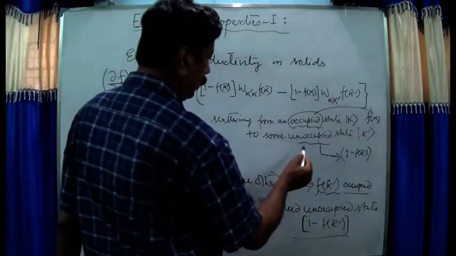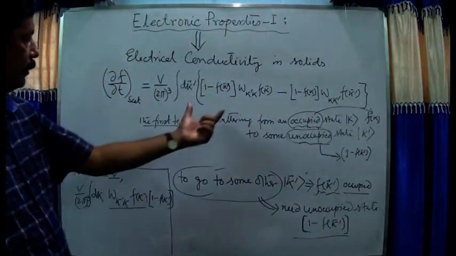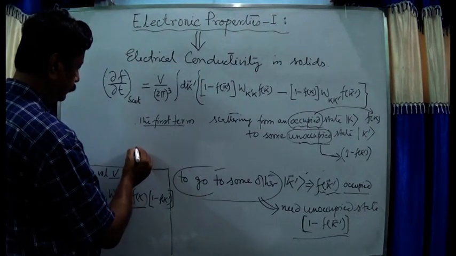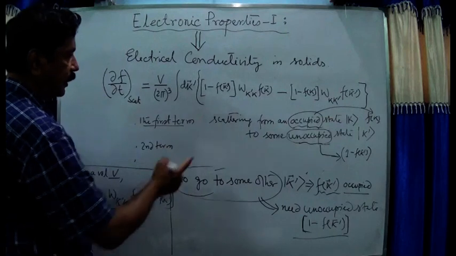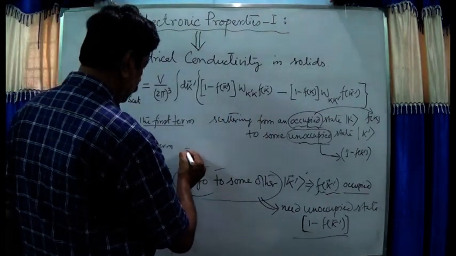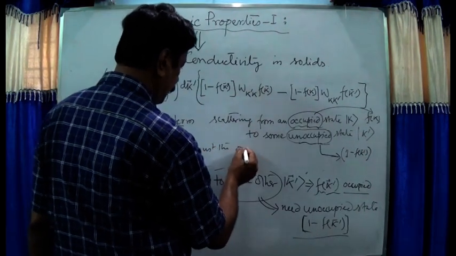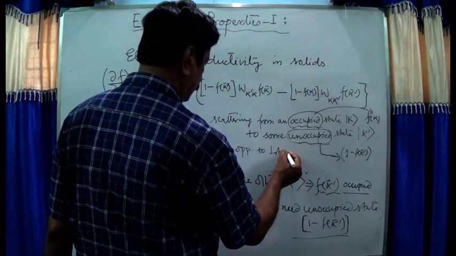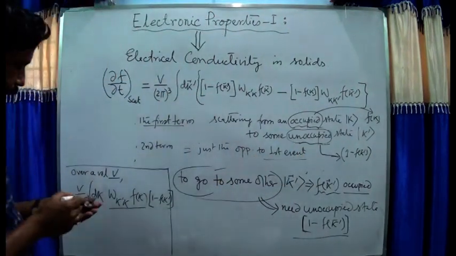So in this way we have written this first term, and the second term is just the opposite to the first term, to the first event, right?